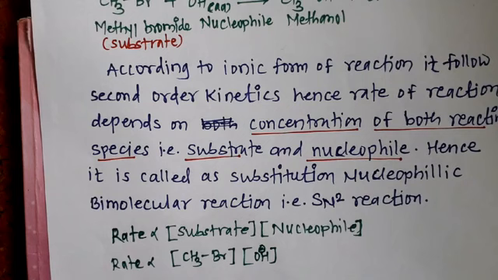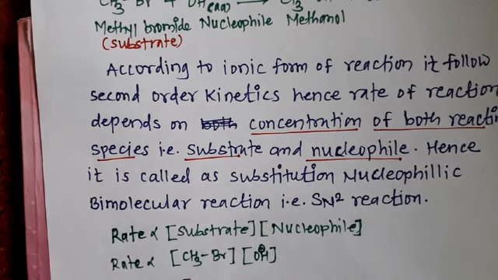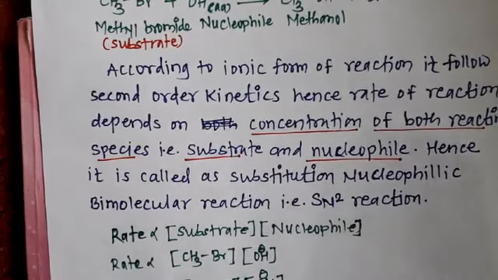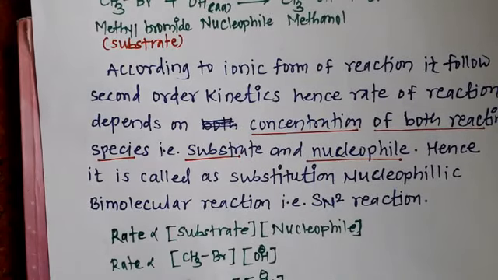Finally, rate is equal to k times the concentration of substrate, that is methyl bromide, and the concentration of OH minus.